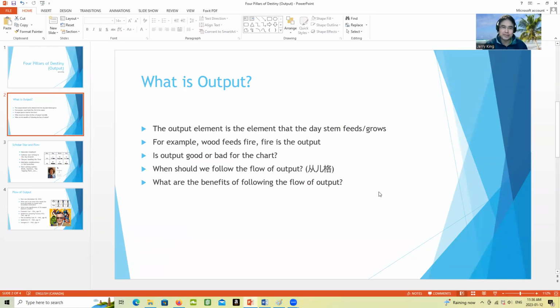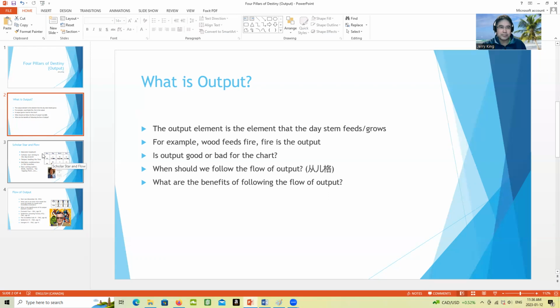Does that make a difference? Well, in many of the classics, and the way I see it, basically, if you have a lot of output in your chart, it doesn't matter. Then it suddenly just becomes the herding officer, or it just suddenly becomes your output. So basically, you just follow your output. So that's how it's generalized in a nutshell.